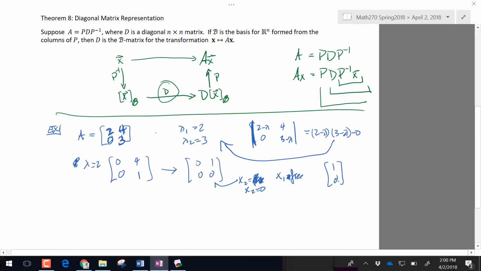So it's just 1, 0. So 1, 0 would be the eigenvector for this.